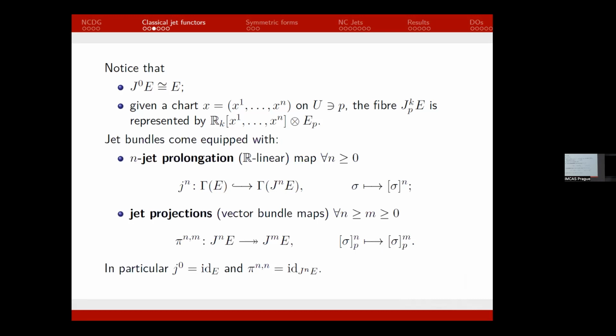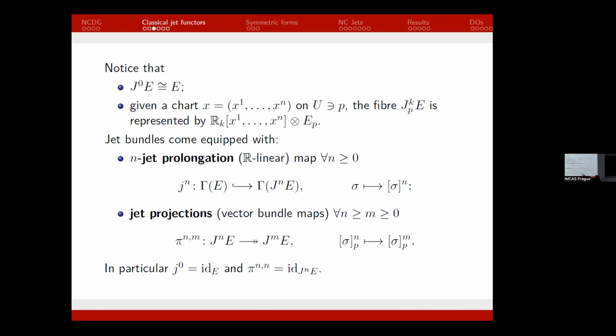Okay, so jet bundles come equipped with a couple of maps. We have the so-called n-jet prolongation, which is an R-linear map, and it's important that it's R-linear and not C-infinity linear. For all n, it maps a section of E into its nth order approximation. So this is the map that maps sections into their approximation.